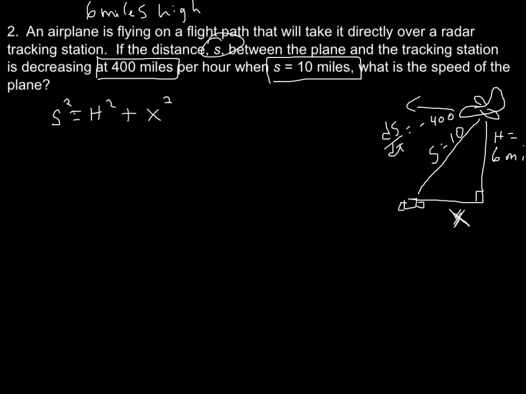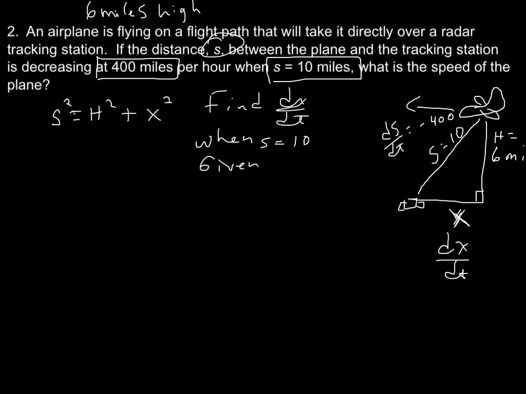And we are being asked to find the speed of the airplane, its horizontal speed, so that's going to be dx/dt. That's what we're trying to find. So find dx/dt when s is 10, given that ds/dt equals negative 400.